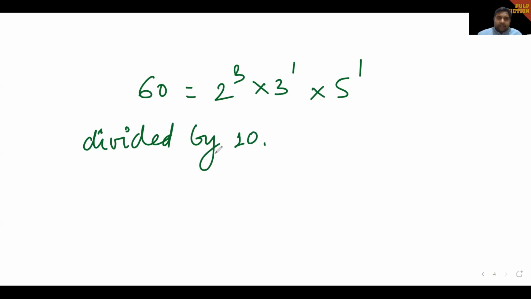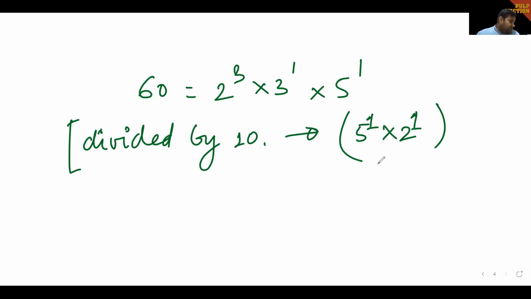So it is very simple here: whatever factors need to be divided by 10, they compulsorily need to have 5 raised to the power 1 or higher, and 2 raised to the power 1. At least this much must be there compulsorily. If this is happening, then yes. So then again it's very simple, right?